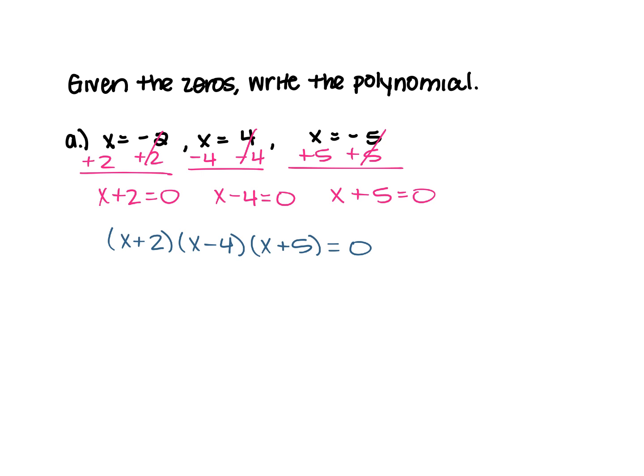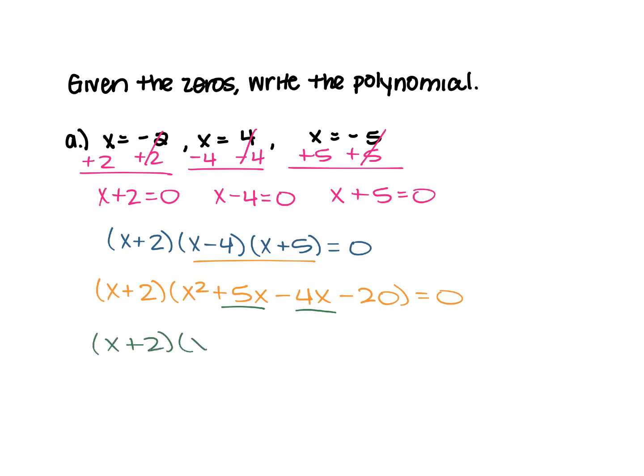So if we start with the last 2, we're going to have x plus 2 times x squared plus 5x minus 4x minus 20 is equal to 0. We combine like terms in the second set of parentheses, and that gives us x plus 2 times x squared plus x minus 20 is equal to 0.